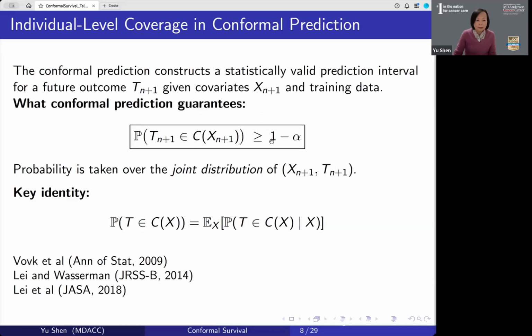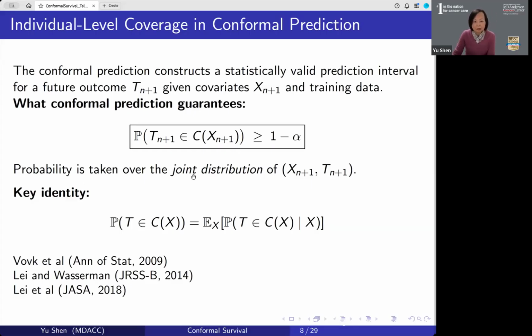Indeed, this conformal inference guarantees the overall, what we also call marginal, coverage probability, and to ensure this, we don't have to assume a correct regression model.